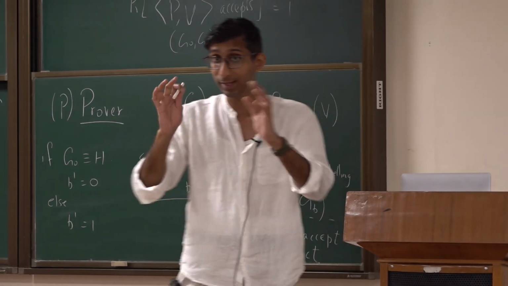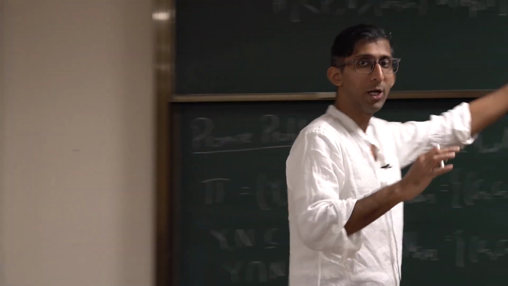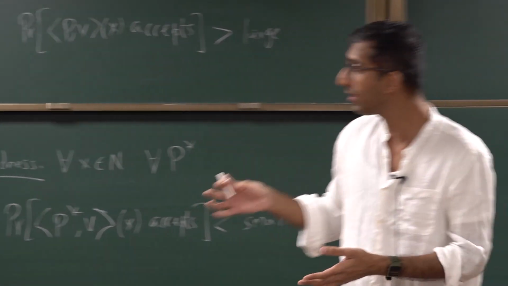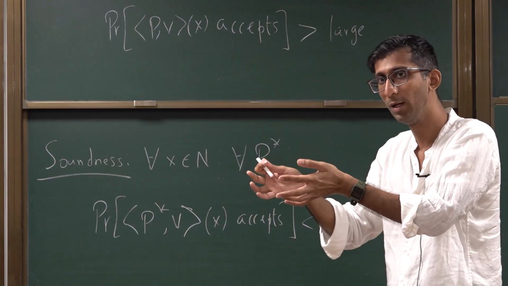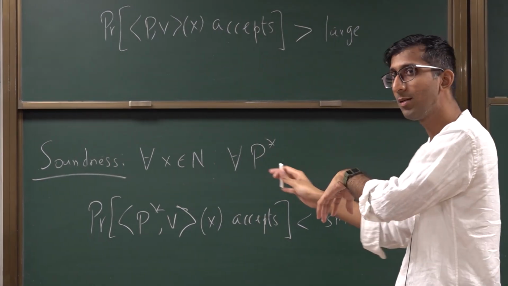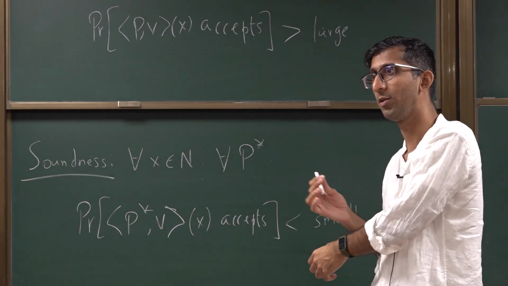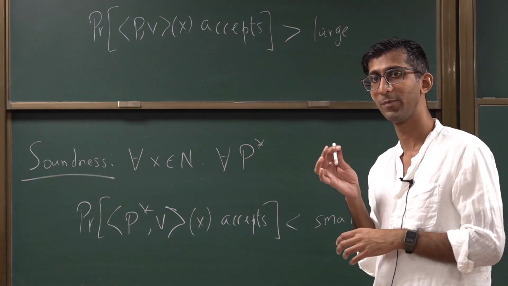I come up with this, and then I tell you this is an interactive proof system for this particular problem, this particular language, this particular promise problem. What does that mean? This is what it means. The system that I present to you is supposed to satisfy these two properties for it to be considered a valid interactive proof system for this language, for this problem. These are the requirements I place on this.